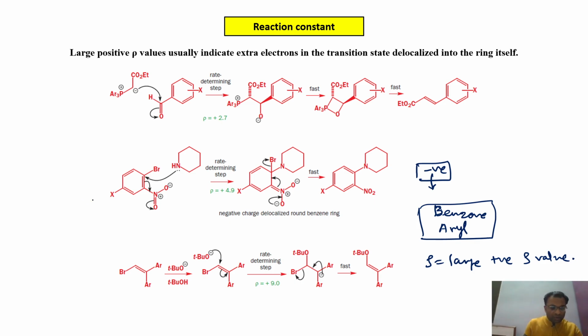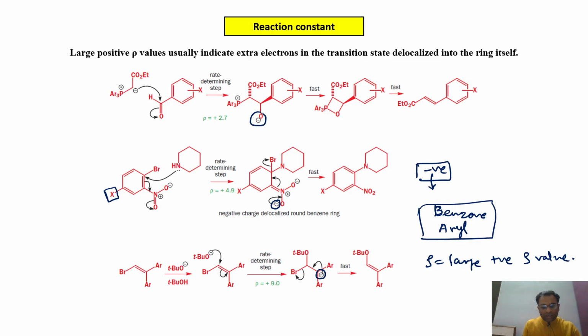What is the reason for this? Whenever such a negative charge is stabilized by the aryl ring, the effect of X in stabilizing the negative charge is more, and thus there is more susceptibility of the reaction towards the polar effect exerted by the substituent.